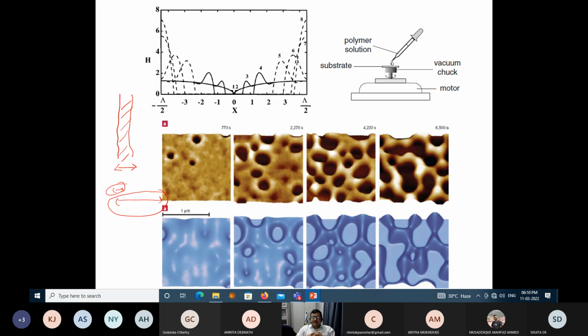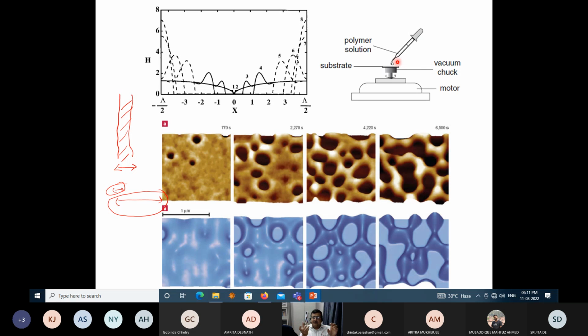So people started doing experiments. It's a very simple model: you have a spin coater. Spin coaters essentially have a chuck which is rotating, and then you have a vacuum, and you put a substrate, and you put a polymer solution on top of that, and then you spin at a very high speed. The centripetal force spreads the liquid on the surface and forms a uniform film.